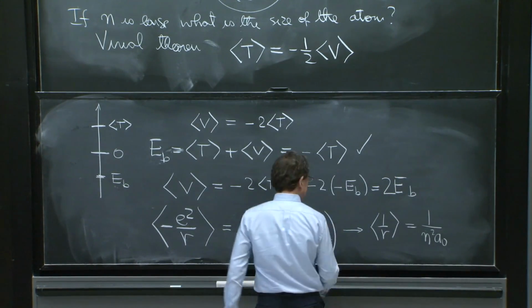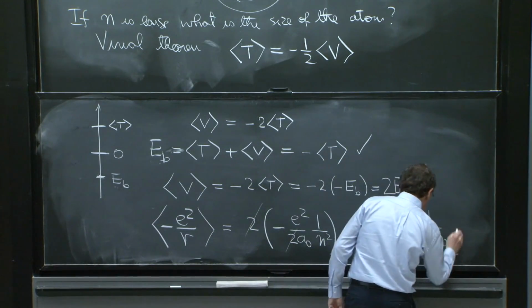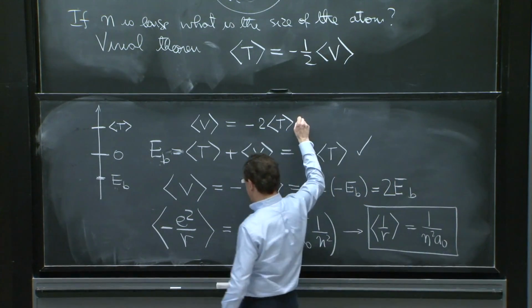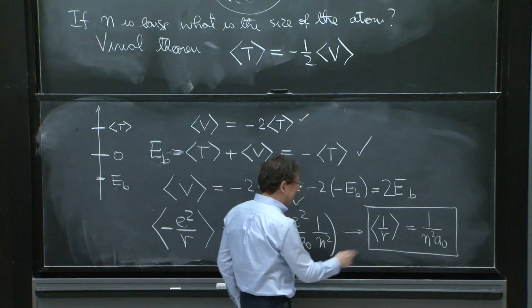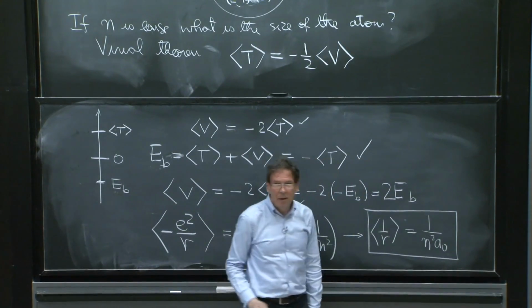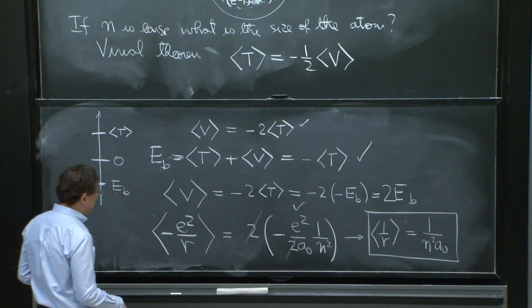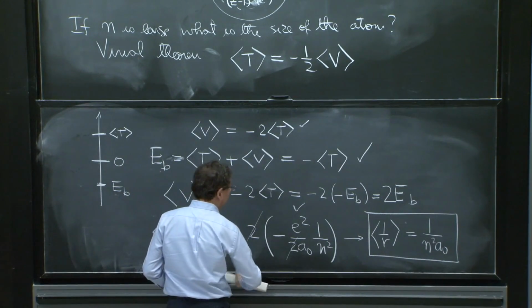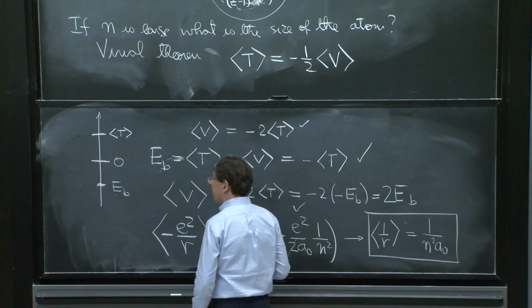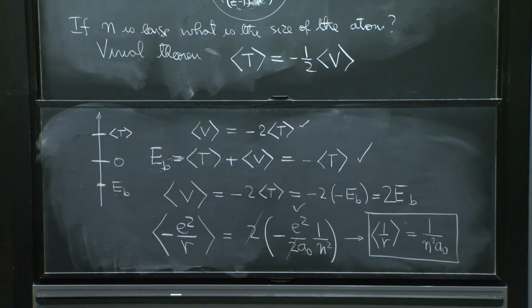So this is exact. The virial theorem is exact, the energy is exact, this is exact. That's not quite the expectation value of r. The expectation value of r is not the inverse of the expectation value of 1 over r.